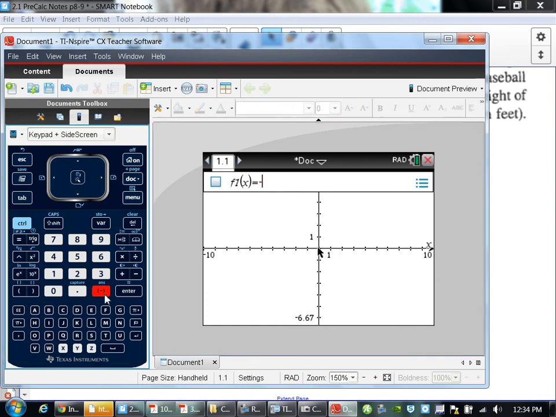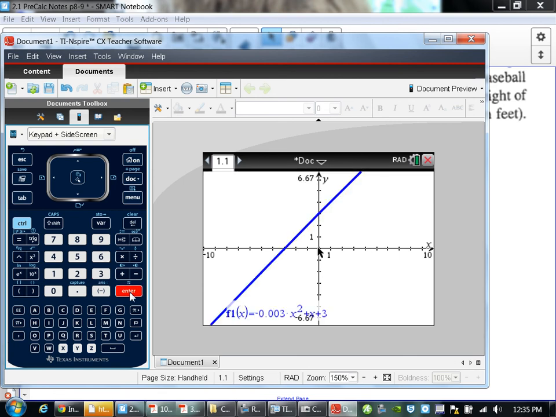Negative 0.0032x squared plus x plus 3. Okay, and I'm just going to hit enter. Oh, I forgot to put max in there. My bad.